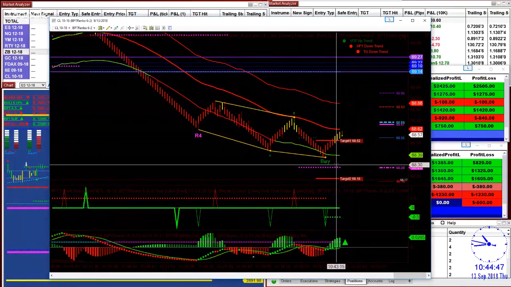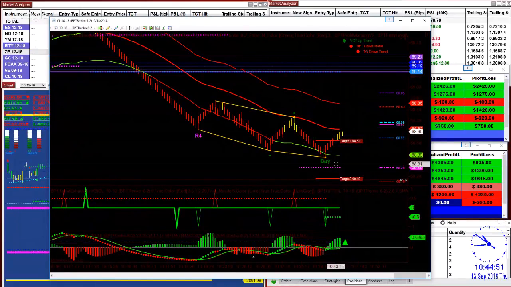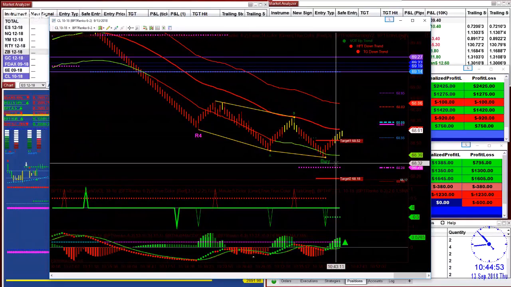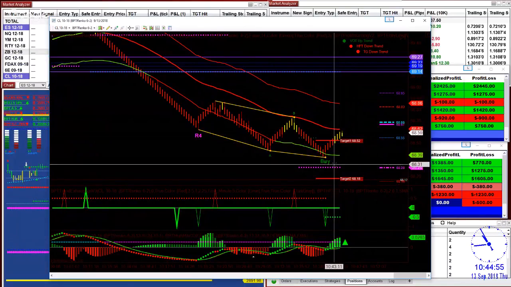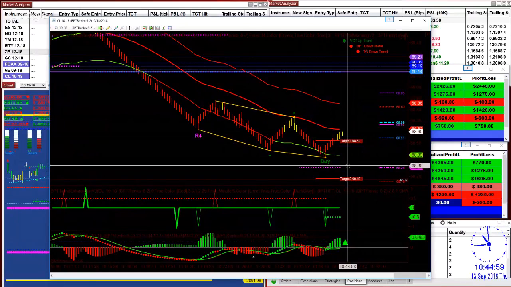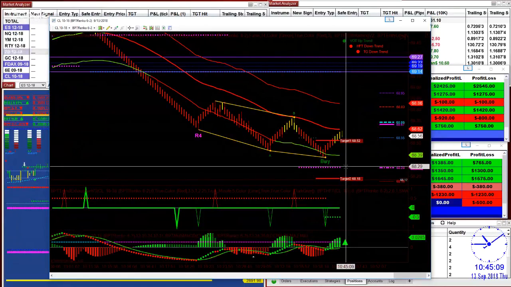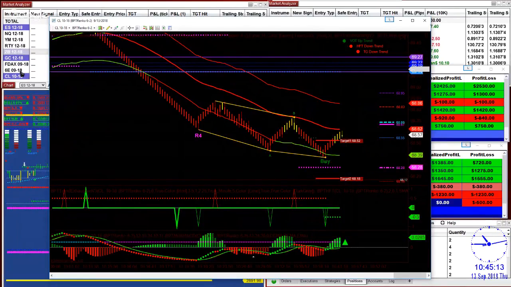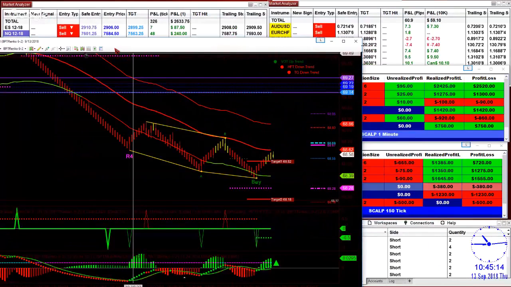And I will stay firm on the 68.30, 68.31. And there is more probability it's going to come down to this area here. We'll keep our eye on it, and we'll call that trade for you.